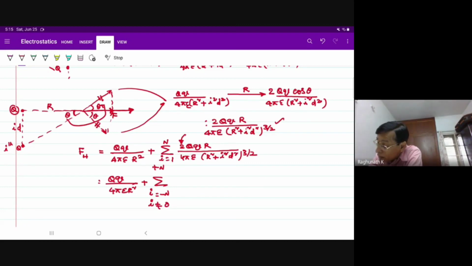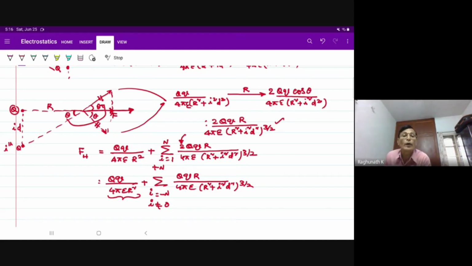Or can I put I equal to 0 also? Yeah, minus n to plus n, I not equal to 0, because I equal to 0 I already added. In the place of 2, what I am keeping is capital Q small q r by 4 pi epsilon into r square plus I square d square whole power 3 by 2. Check it once.